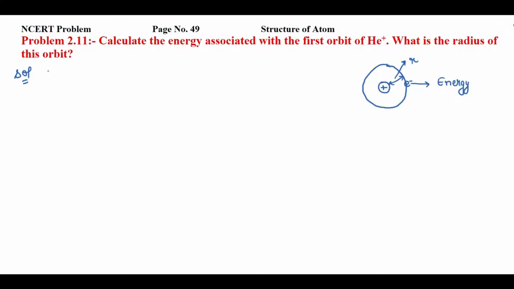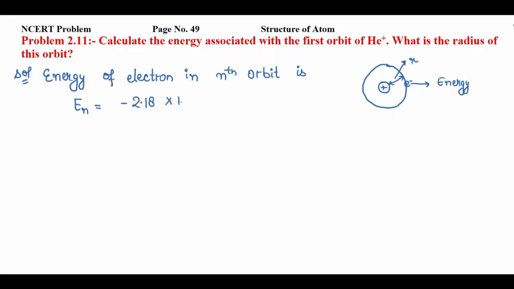So for this, we'll use a relation: energy of electron in nth orbit is E subscript n equal to minus 2.18 into 10 raised to power minus 18 Z square divided by n square, and energy is represented in joule per atom. That means you are finding the energy of one atom. Here you have to find the energy of first orbit, right?